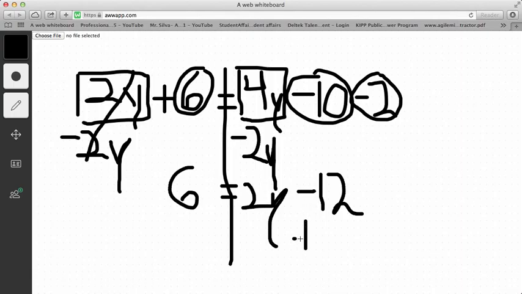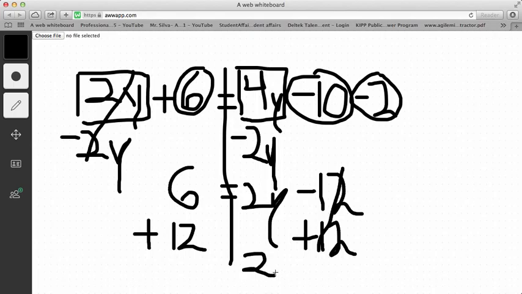So we'll add 12 on both sides just to make sure we can isolate that variable. And whatever I do to the right side of my equation, because we are working with equations, you have to do to the left side of the equation. Negative 12 and positive 12 cancel out, and we are left with 2y is equal to 6 plus 12 is 18.